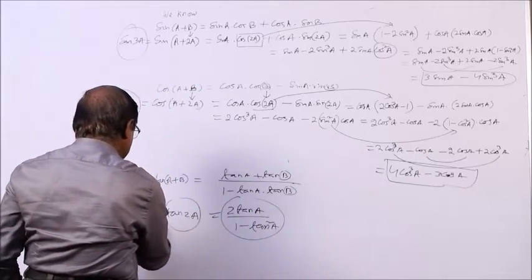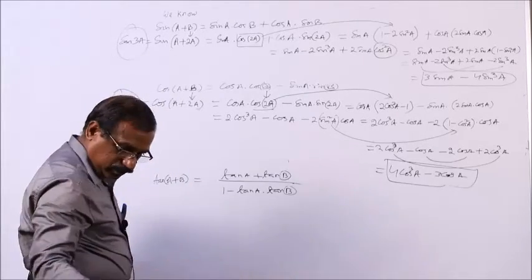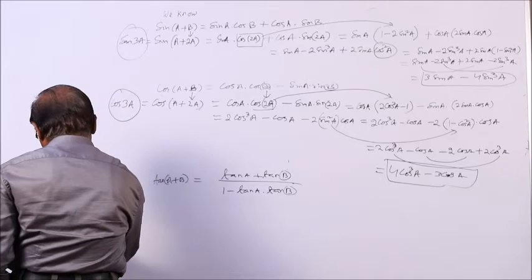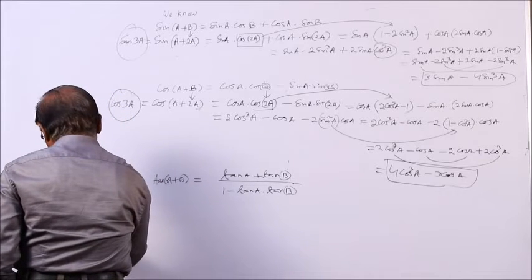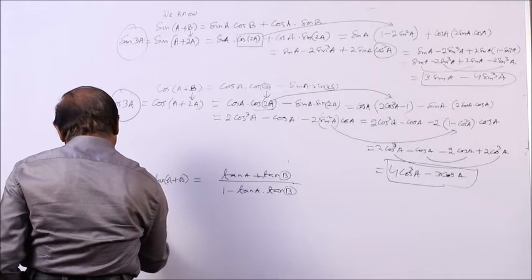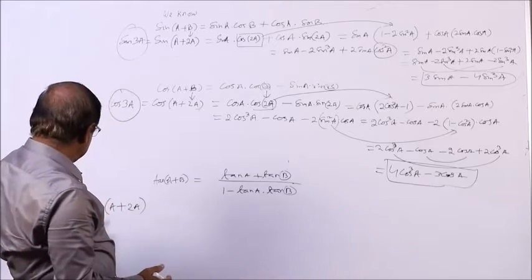In the similar manner, we will derive the formula. You see, tan 3A. 3A is nothing, we can express A plus 2A. A plus 2A is 3A.